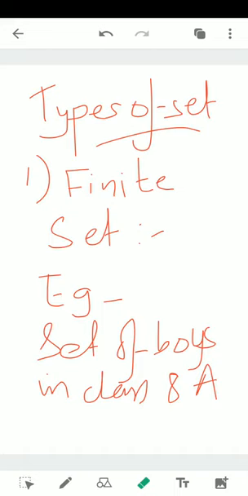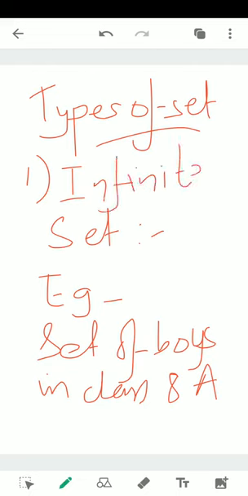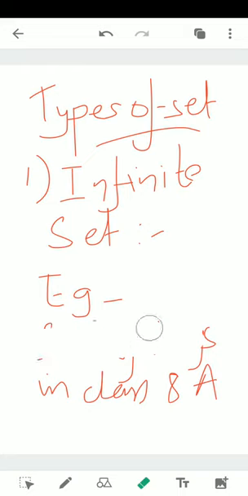So let us look at the other set, that is called infinite set. As the name suggests, in this set the number of elements will be infinite or uncountable. A set which is not finite is called an infinite set. That is, a set with never ending numbers of elements is an infinite set. So let us take one example.